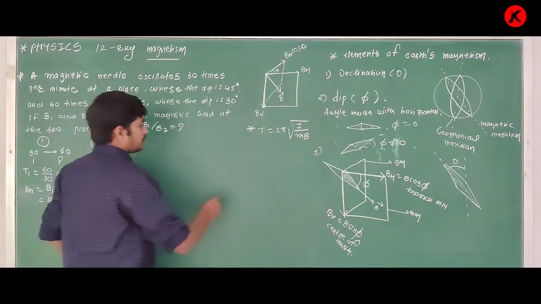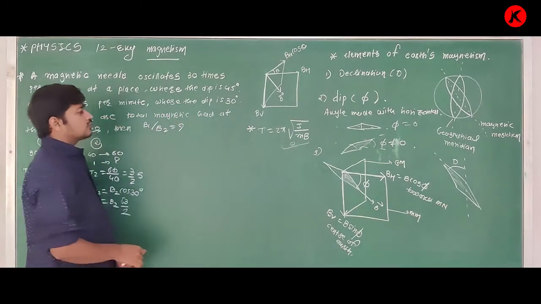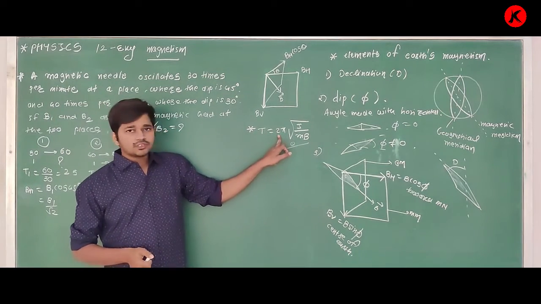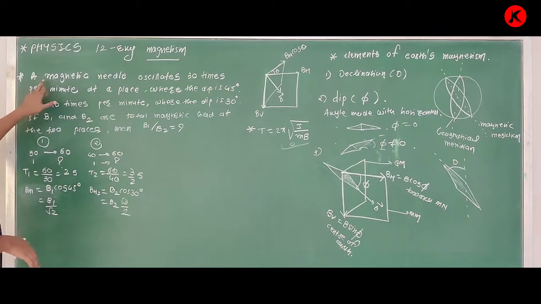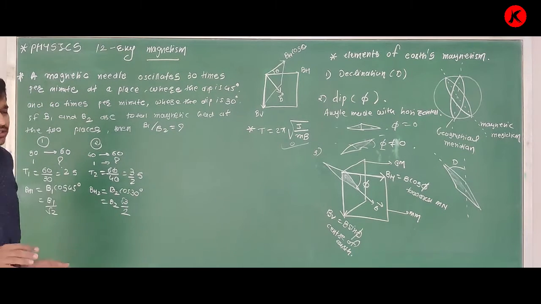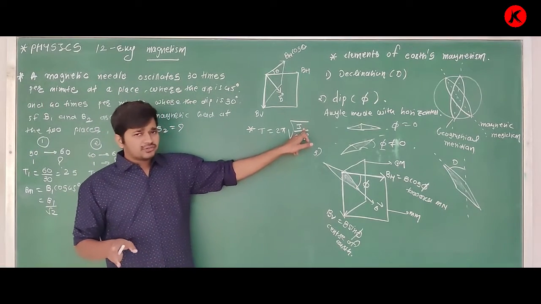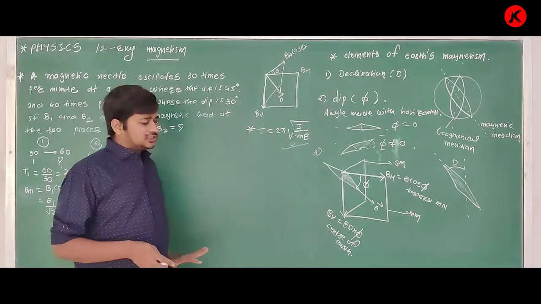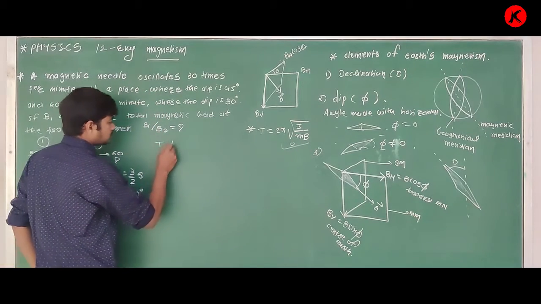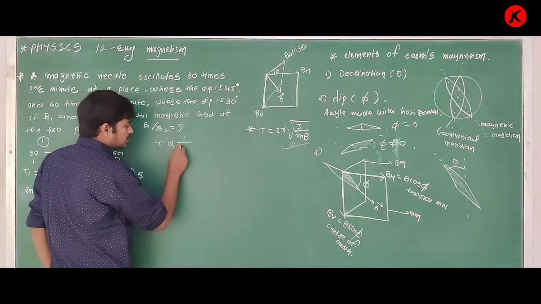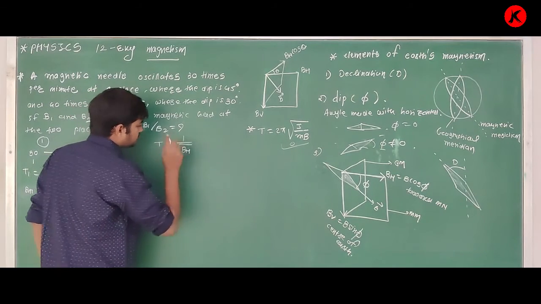The hint is this equation: T is equal to 2 pi under root I upon mB. Here 2 and pi are constants. You are given only one magnetic needle at different places, so its moment of inertia is constant. Also its magnetic moment is constant. So T is proportional to 1 upon under root BH.